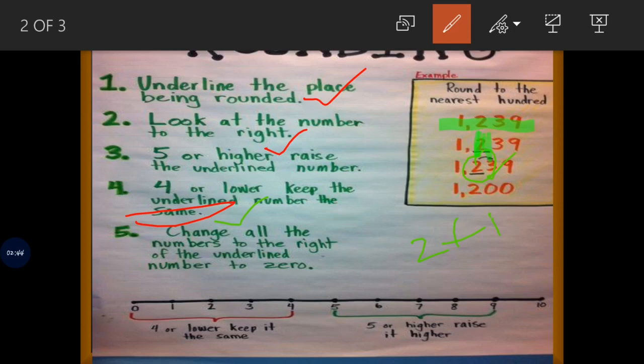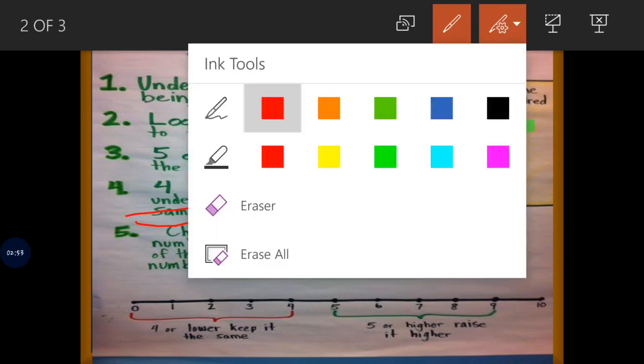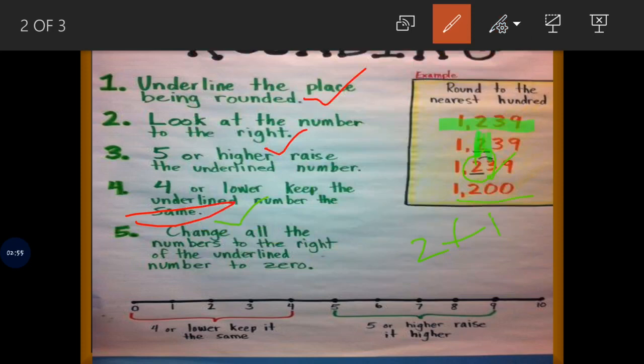Here the number present right to the rounded off digit is 4 or lesser than that, that is 3. So we have written the same number, that is 2. The underlined number, no need to change. If it is 5 or more, you have to add 1 to the underlined digit. Here it is 4 or lesser, so we have written the same number.